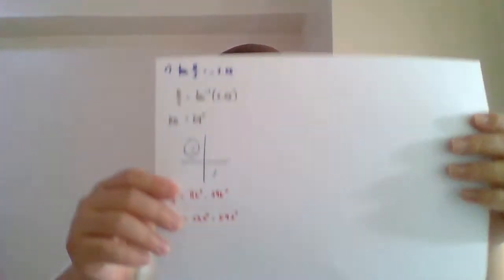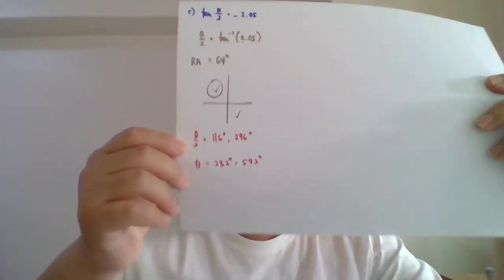Now theta sama dengan berapa? Baru you guys simplify. Theta over 2 moves to the right side, it becomes times. So 116 times 2, korang dapat 232. And 296 times 2, korang akan dapat 592 degree.